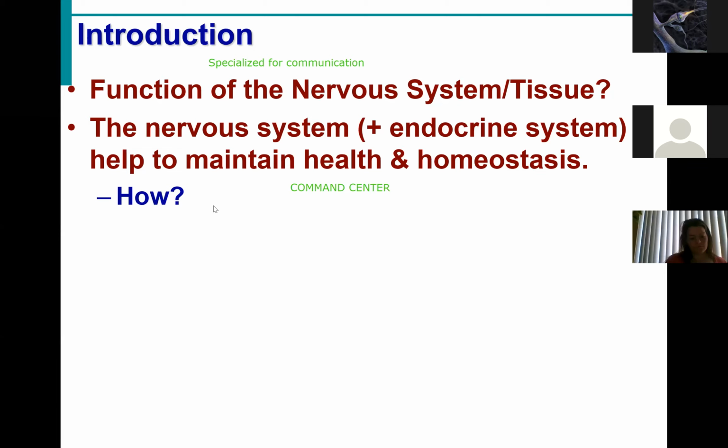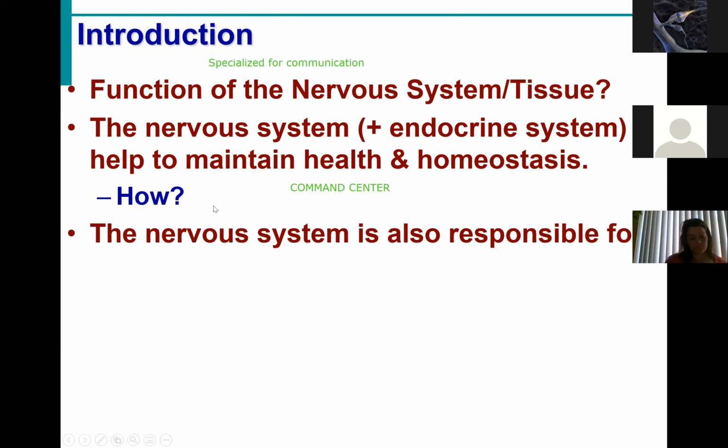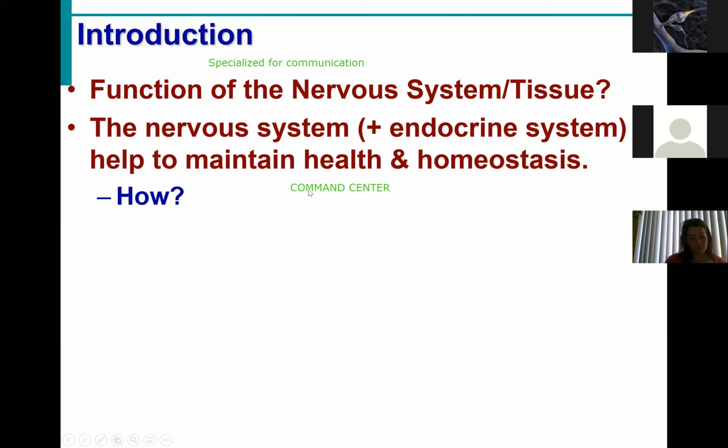And as we already learned in our last section, the way that our nervous system communicates to other cells is by producing a big positive signal.